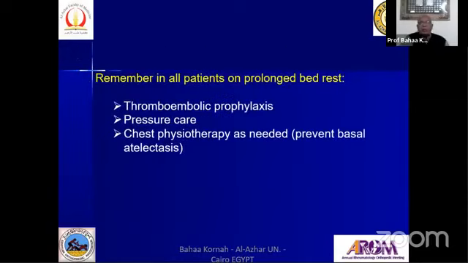Remember, in all patients on prolonged bed rest, you have to give thromboembolic prophylaxis, pressure care, and chest physiotherapy as needed to prevent basal atelectasis.